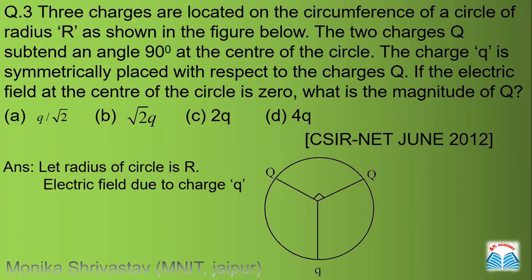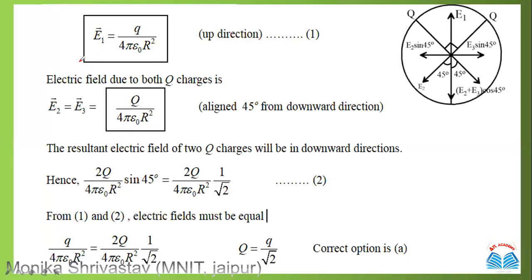And the second method is this. We can use Coulomb's law for a point charge, that is E equals kq over r square. So this E1 is for the up direction. This E2 has the angle 45 with this capital Q. This E3 has the same angle 45 with this capital Q. And this is E2 and this is your E3.